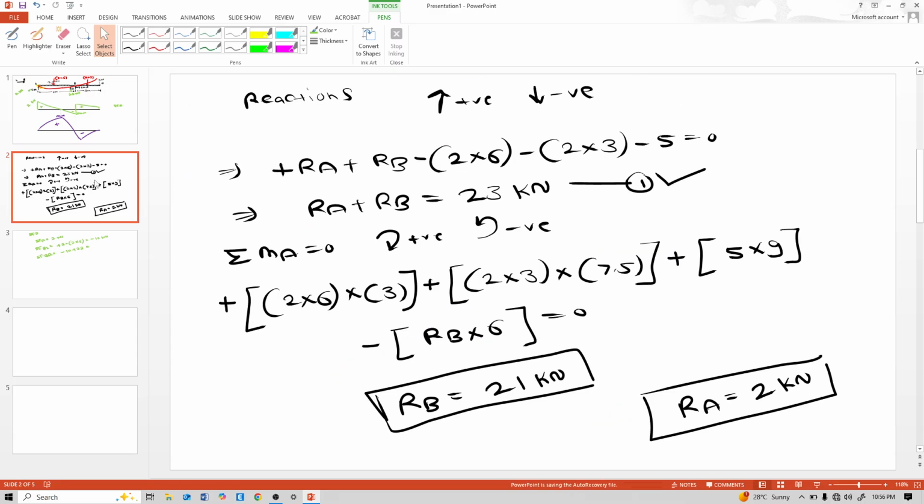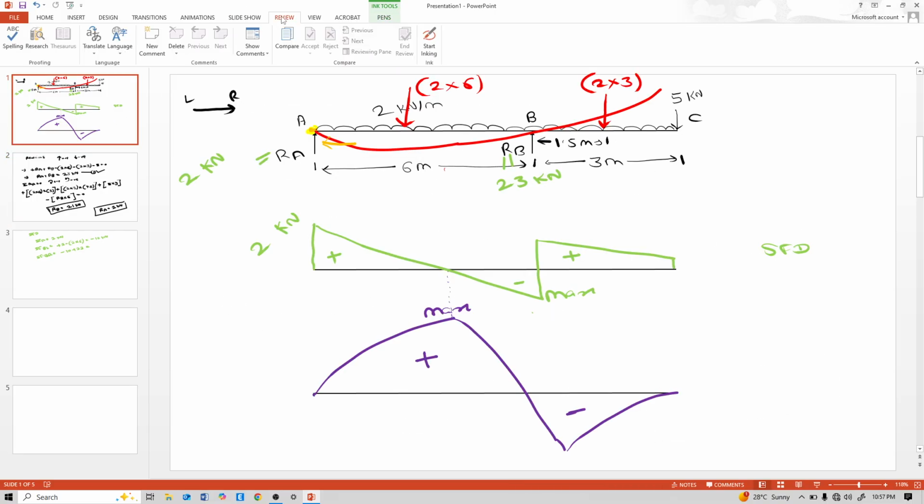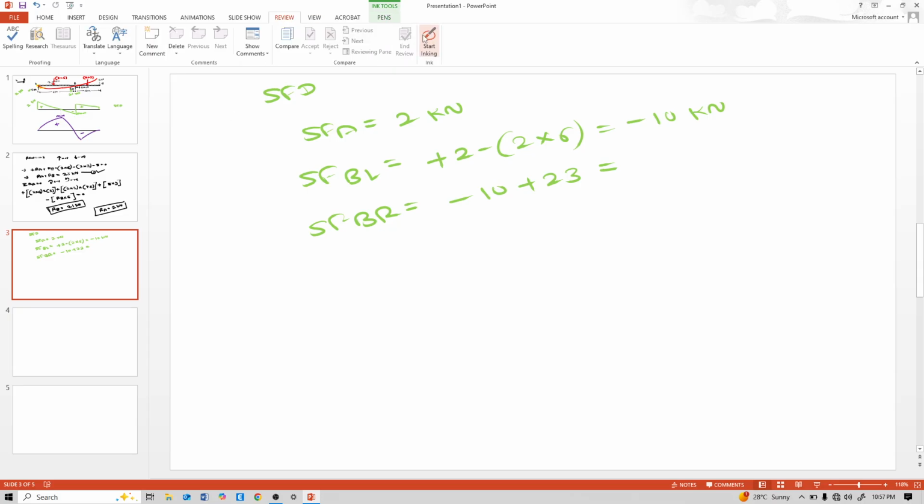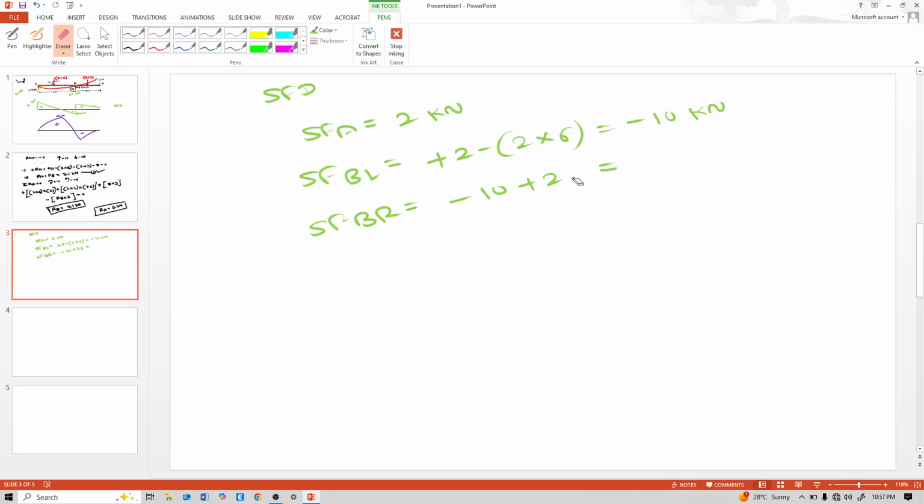See this, RB is 21, not 23. See how mistakes happen. Learn from mistakes. 21. So it is minus 10 plus 21, positive 11 kilonewton.